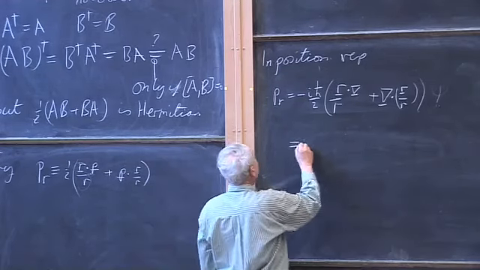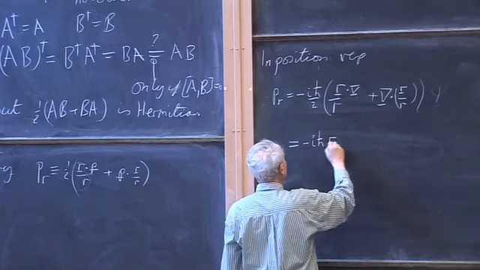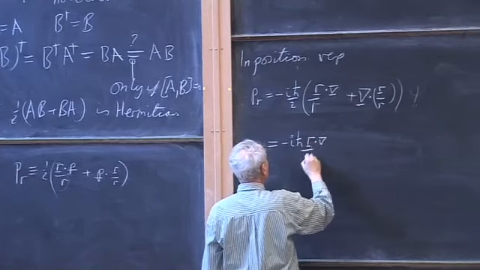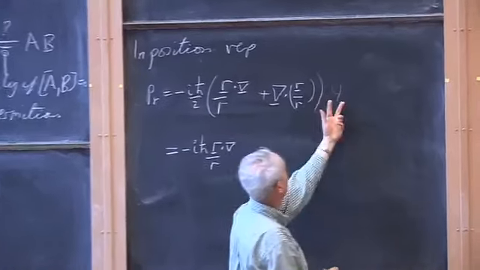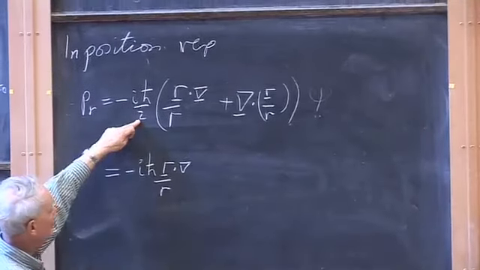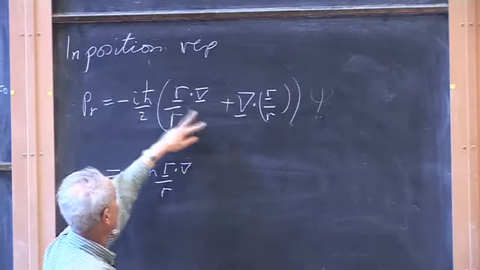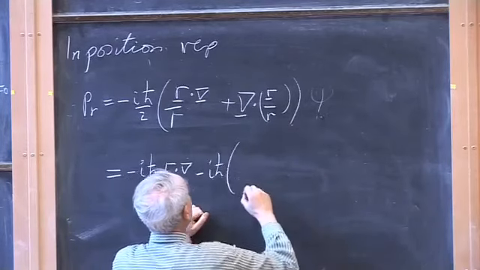So this is going to be minus i h bar r dot grad over r, right? So I'm taking this one that I've got and the one that I'm promised at the end of all this reduction here. So that's where the 2 went to. And now I've got these two bits, minus i h bar brackets.